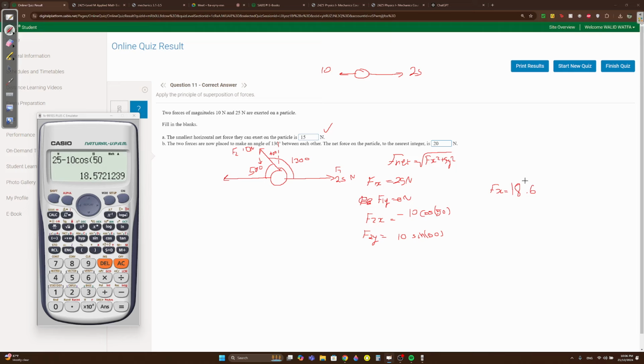So fx is 18.6. And fy, by the way you should put the vector symbol, but I'm not bothered. fy is equal to 0 plus 10 sine 50. So 10 sine 50 is 7.66, so let's say 7.7. Then you do the magnitude, the radical of the squares: 18.6 squared plus 7.7 squared, to the nearest integer is 20.